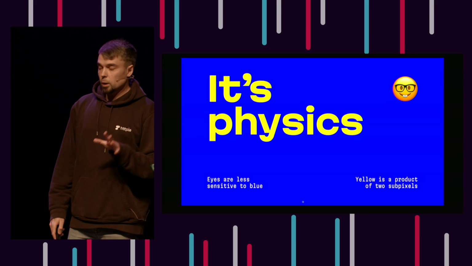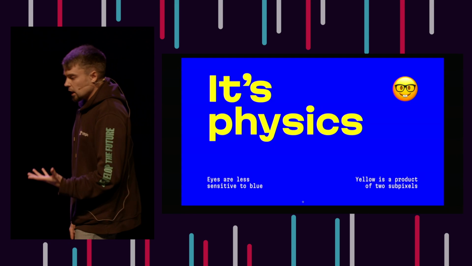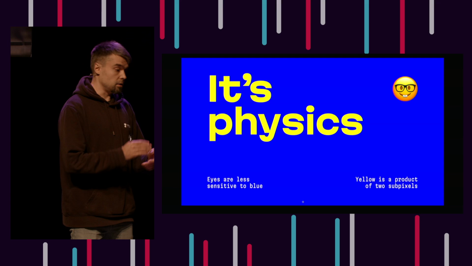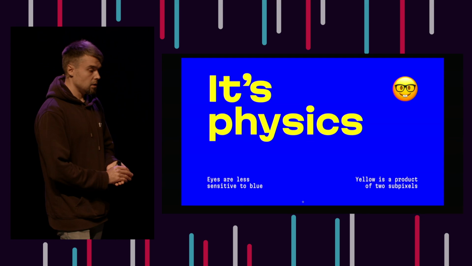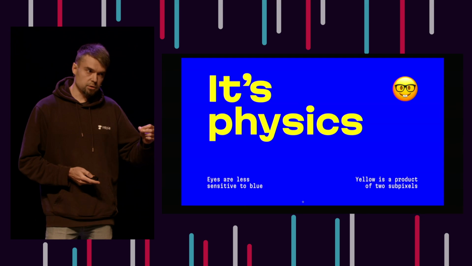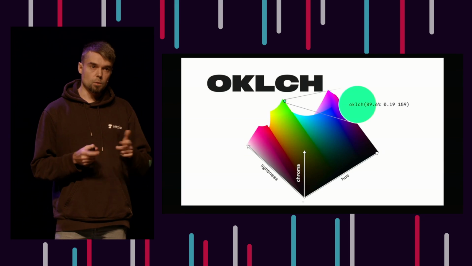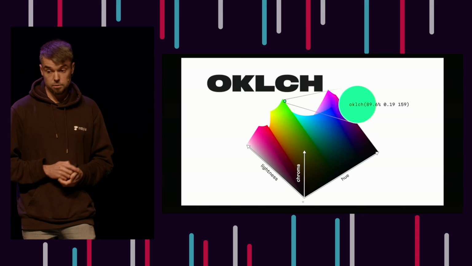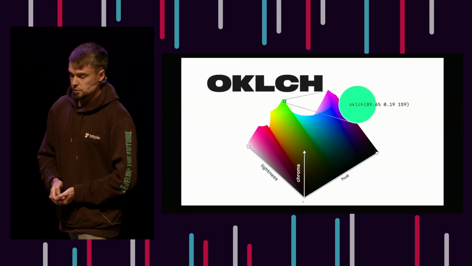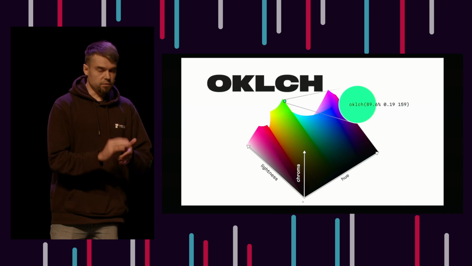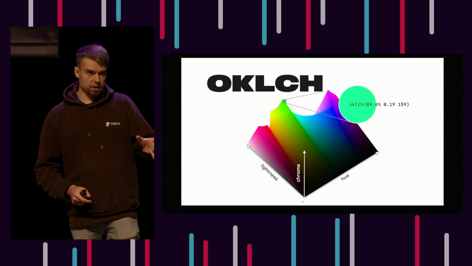So now that we've learned that our eyes prefer some colors over others, and the displays make some colors brighter than others, we can finally talk about the thing you all came here to listen about, the OKLCH color model. OKLCH is very similar to HSL in a way.